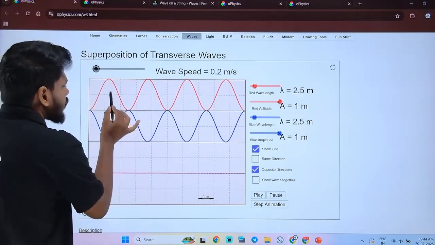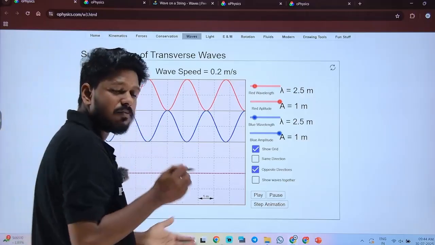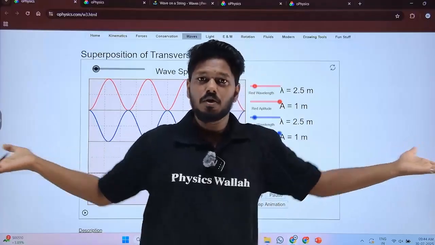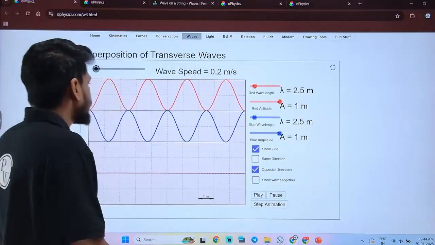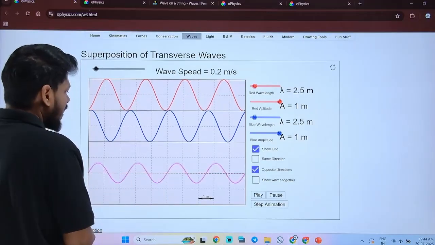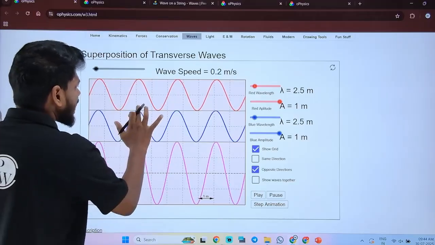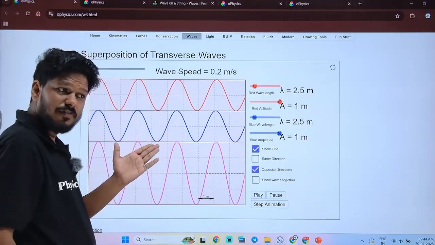If you see, when one wave has a minimum value, another wave has a maximum. It means one wave is in this direction, another wave is in this direction, so they are opposite in nature. What is the amplitude, sir? I am getting minima. When they are in the same phase, maximum is in the same place, and we get maxima, constructive interference.